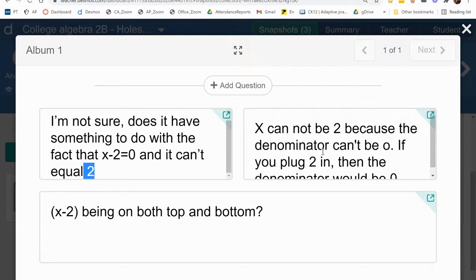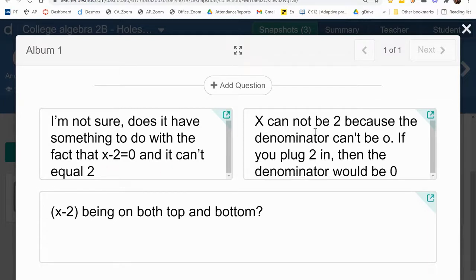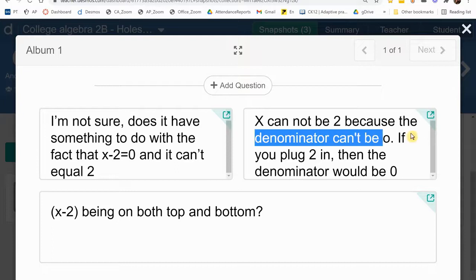Right? Okay, good. And then this one I like also, because here we're starting to think about the denominator, and the denominator being 0. The denominator can't be 0, because it's impossible to divide by 0. You cannot do it. It just cannot be done.